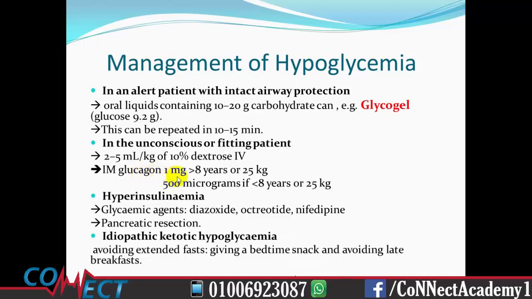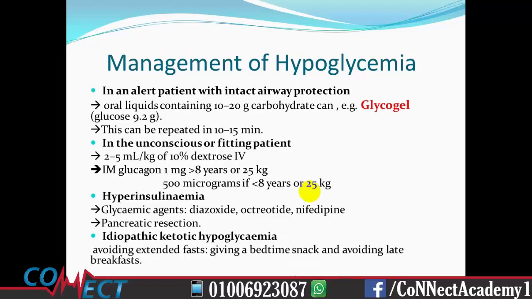The dose is 1 milligram if the patient is more than 8 years or more than 25 kilograms, or half the dose, 500 micrograms, if less than 8 years or less than 25 kilograms. That's the emergency measures. If the child is discovered to have a state of hyperinsulinemia, he will get into repeated attacks of hypoglycemia all the time.